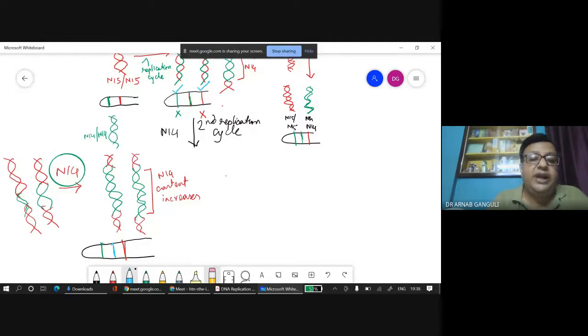Now in dispersive, what would have happened? You would have got an intermediate. What you had, this was, say, this band, right? So this intermediate band which you see here, this was this one.